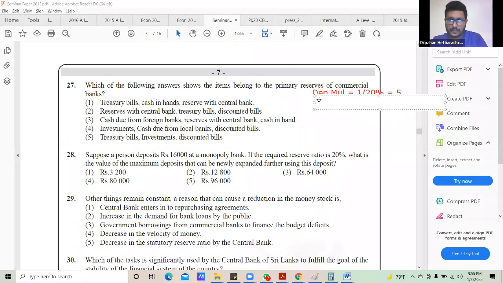Then excess reserves. Excess reserves equals actual reserve minus required reserves. Actual reserve is 16,000, the new person deposited 16,000, minus required reserve, the amount we must keep from 16,000, which is 16,000 into 20%.